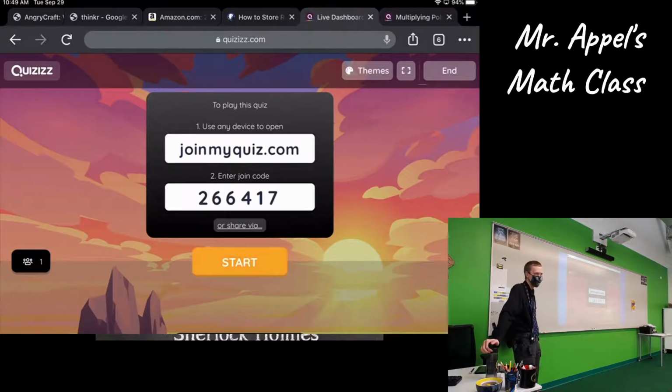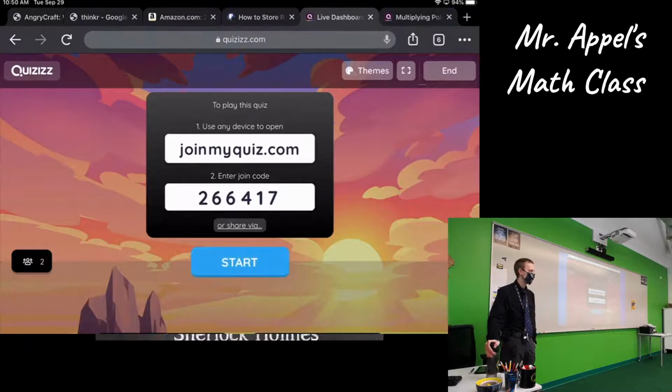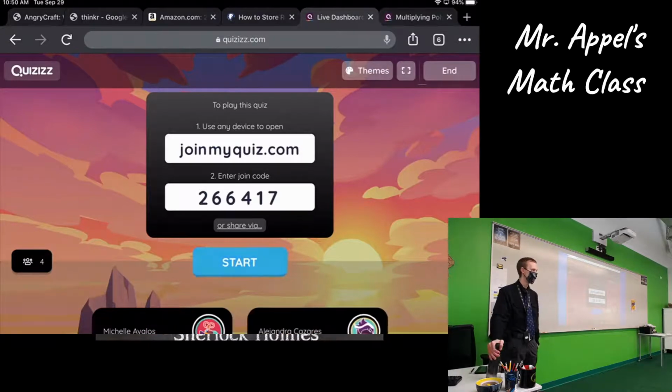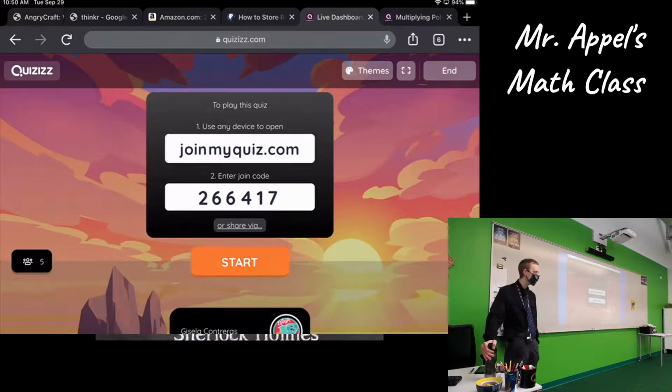It is 266417. This quiz will have you use and identify inverse, converse, and contrapositive. If you have them available, you may use your notes alongside the quiz.